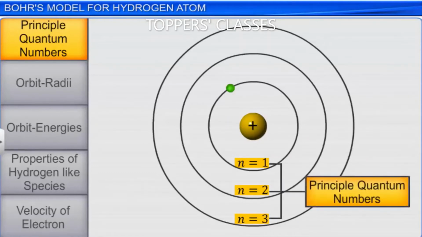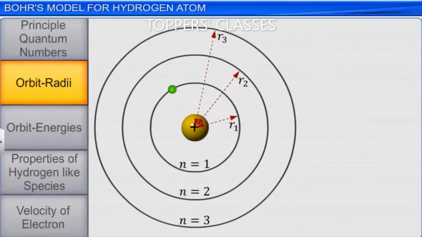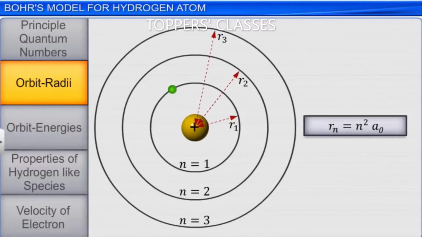The radii of stationary states or orbits can be given by the expression: radius of the nth orbit, r_n, is equal to n² multiplied by the constant a0, which is equal to 52.9 picometer.